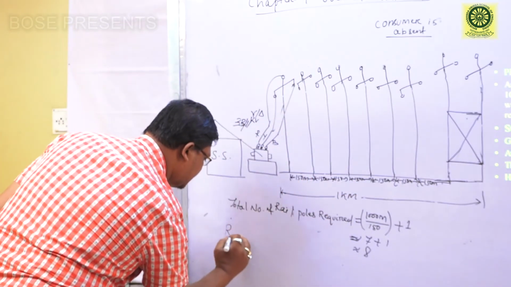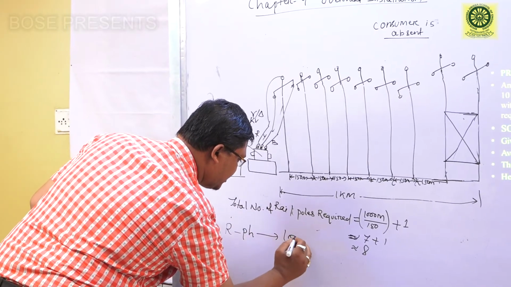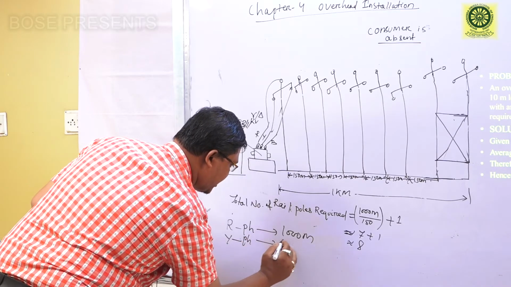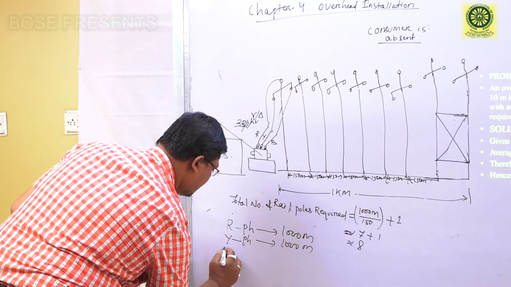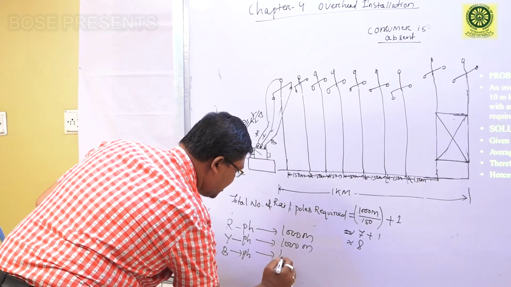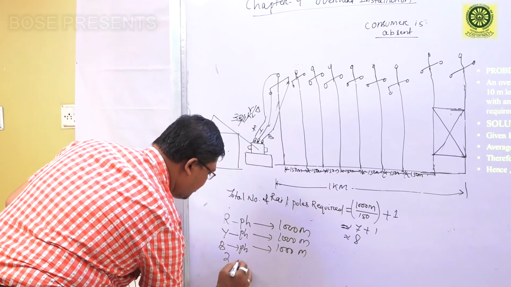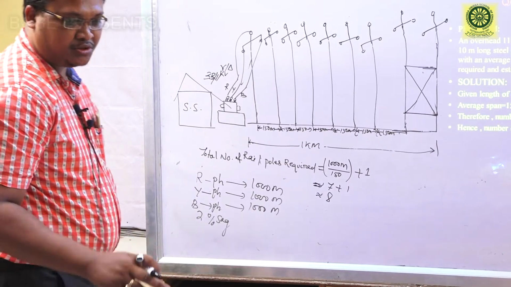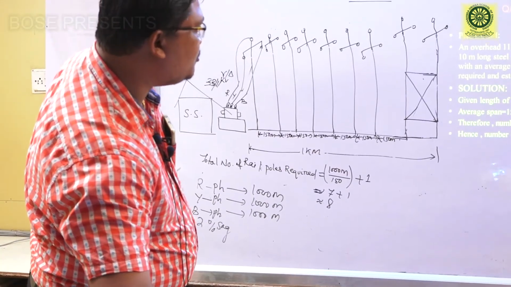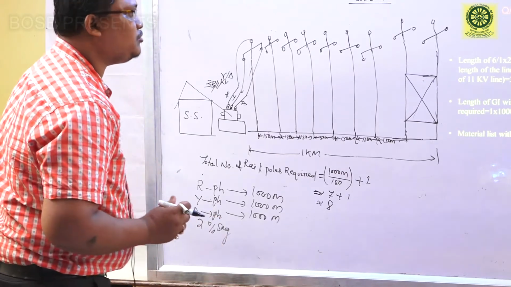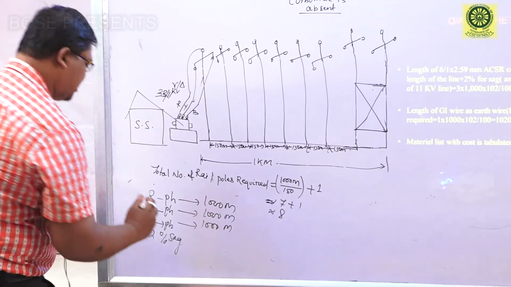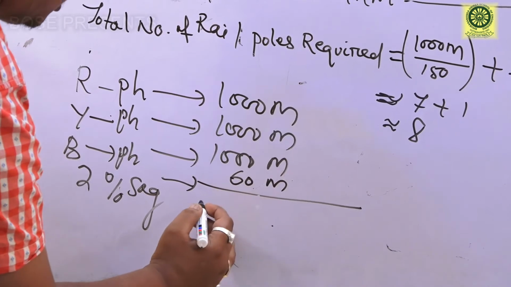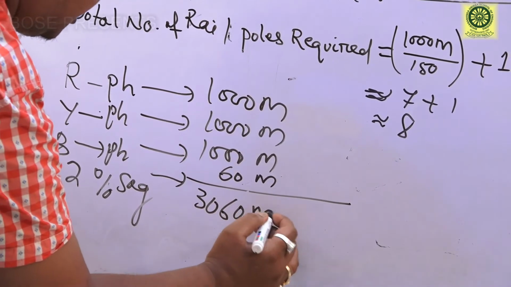Next, these R, Y, B conductors are 3 conductors, so each conductor is 1 kilometer. For R phase we are having 1000 meter, for Y phase 1000 meter, for B phase 1000 meter, and we have to consider 2% sag. If we consider 2% sag, it will be 60 meters. So total will be 3060 meter.